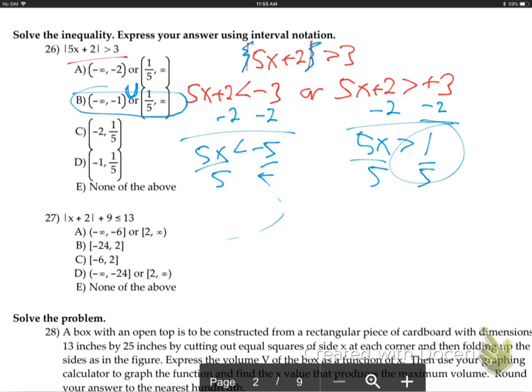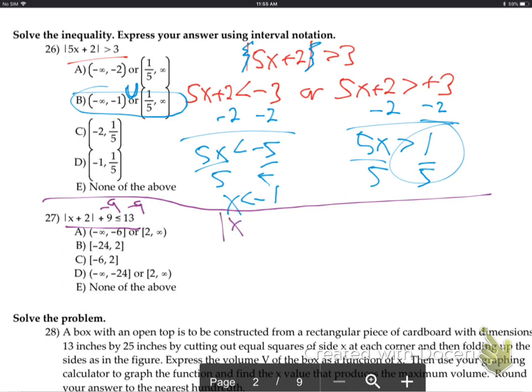How about here? Let me squeeze this in. Let me just do the other one right here next to it. Okay, so what do I do first on number 27? Subtract that 9. So the absolute value of x plus 2 is less than or equal to 4. And then I remove those absolute values. That's a less than, so remember, it's going to be between negative 4 and positive 4.